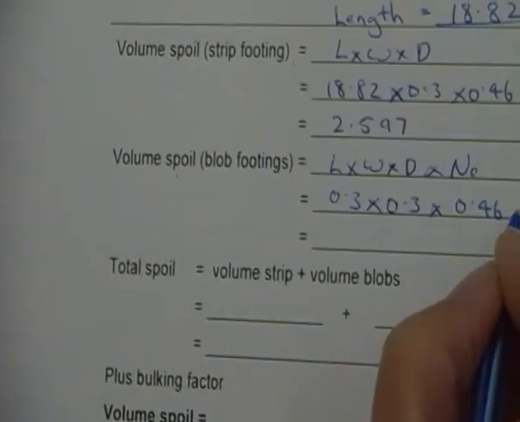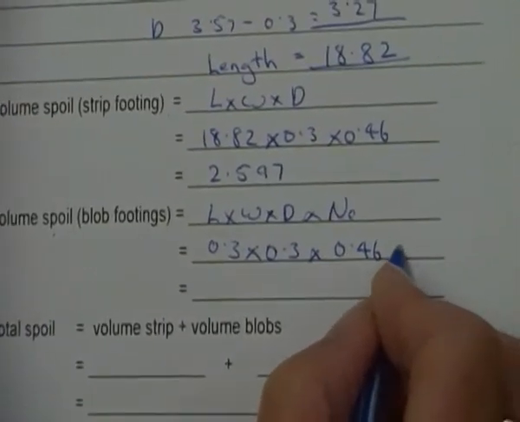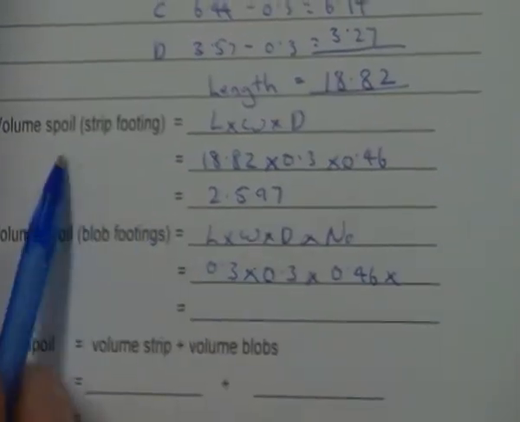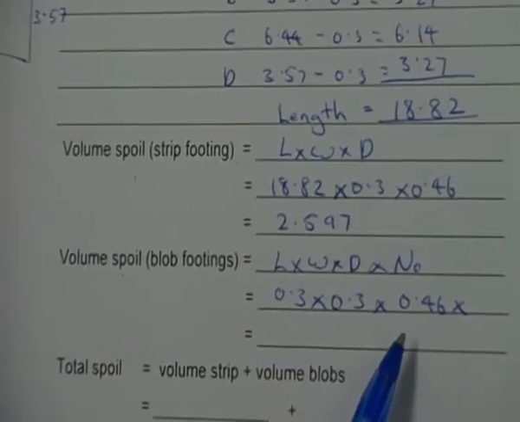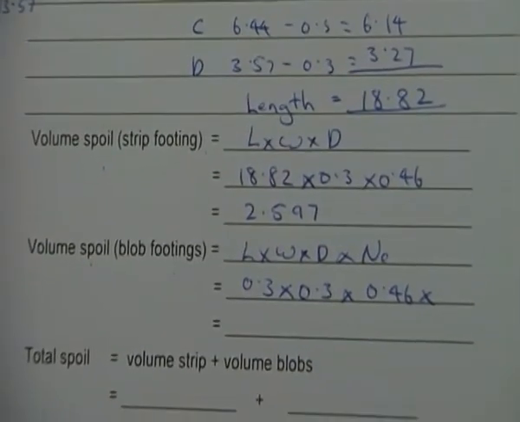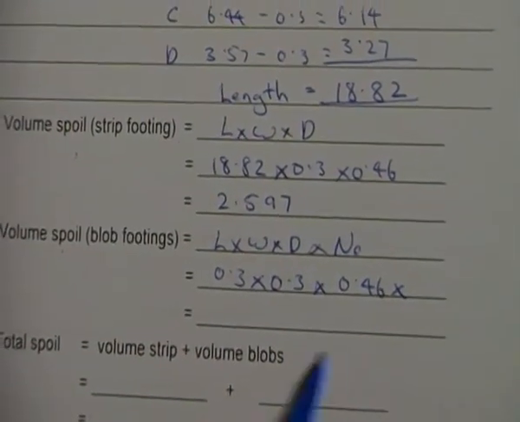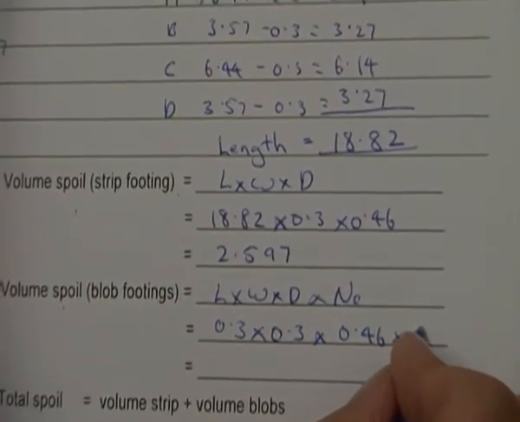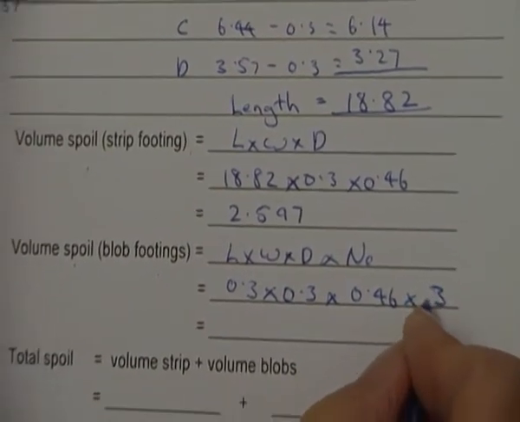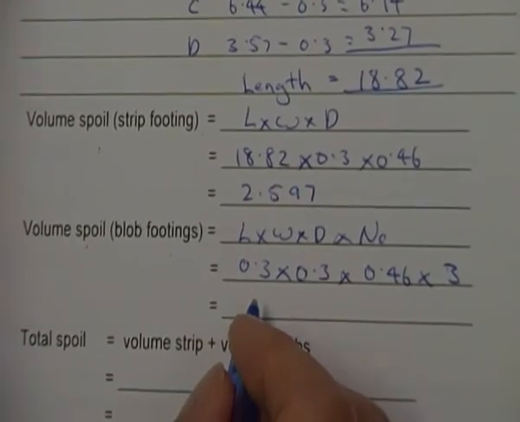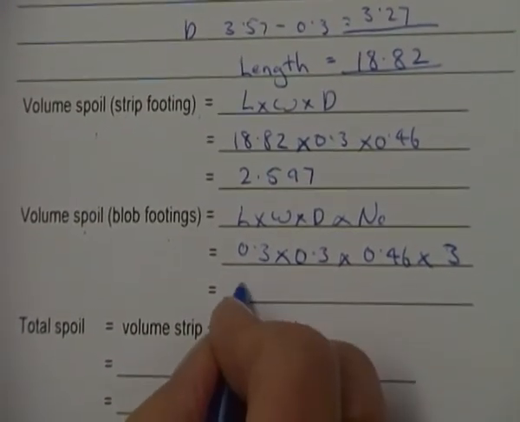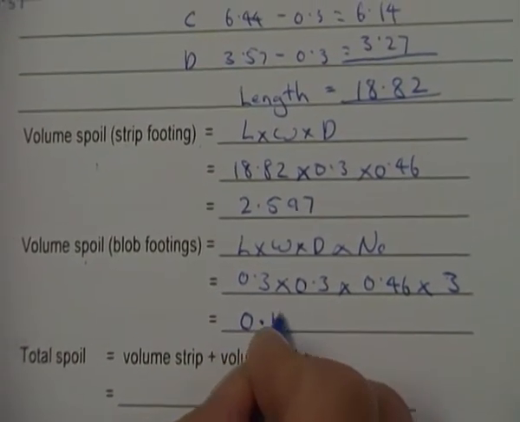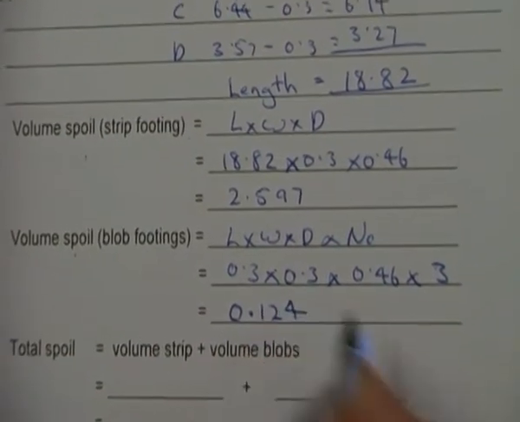Is it concrete? Or is it spoil? Spoil, sorry, yeah, spoil. So then we look at, in our drawing we just have 3 isolated piers, so we're going to have 3 holes in the ground there. So we're timesing it by 3.